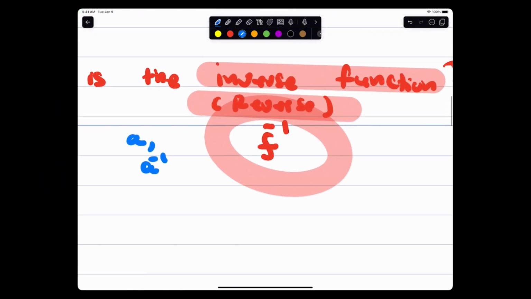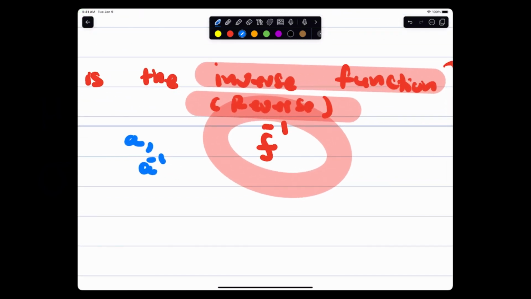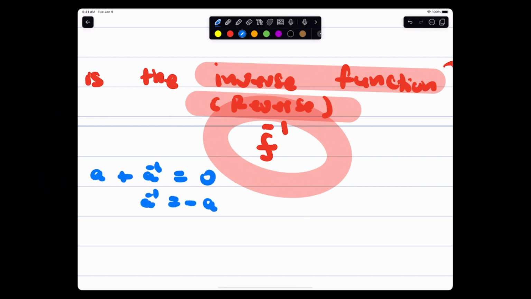That symbol really comes from a more general discussion about inverses. If the operation is addition, you have an inverse for addition, and that inverse is minus a.